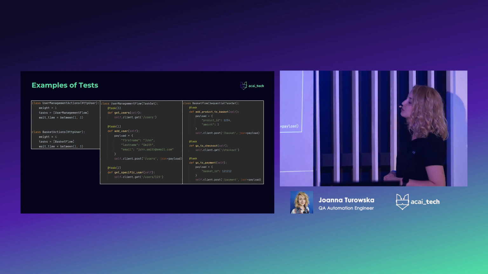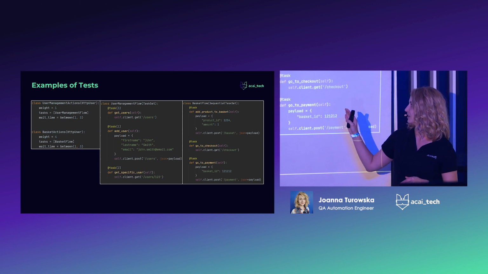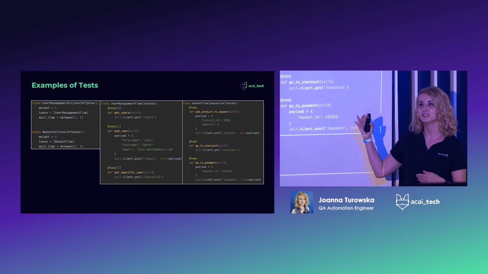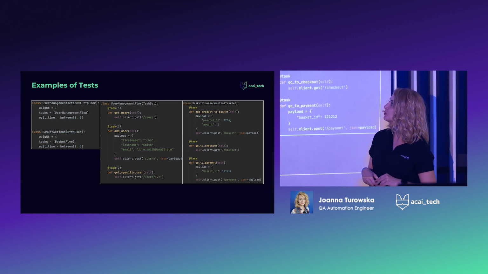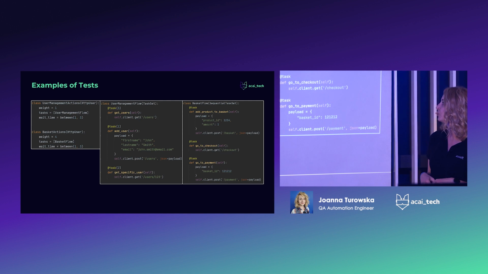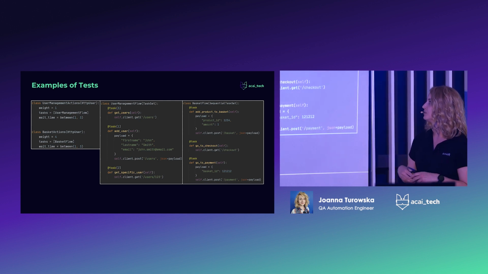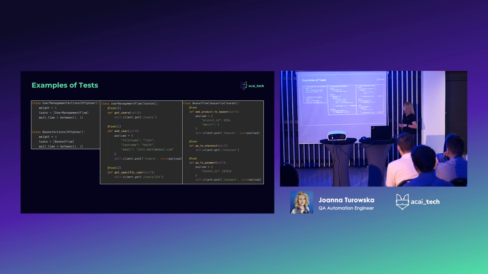So when we have defined those users, we have to define task sets, so the sets of tasks that a given user can do. The first one here is the user management flow. As you can see, there are all kinds of tasks related to the users. We have getting a list of users, adding a new user, and getting a specific user. And each task has a value assigned to it.